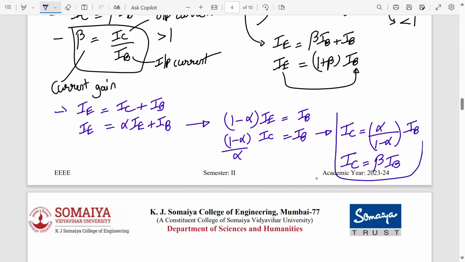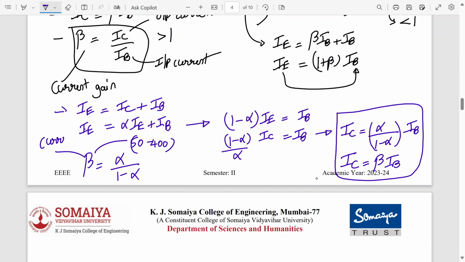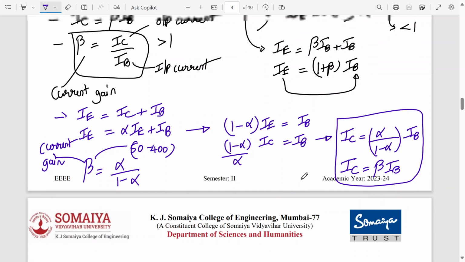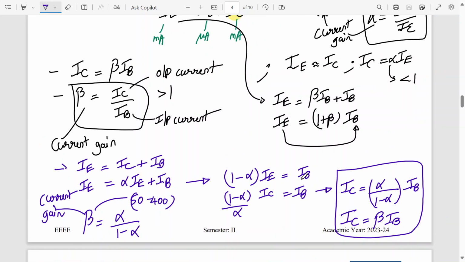So now beta is nothing but alpha upon (1 minus alpha), which is the current gain, and I've already told you the relationship between IC and IB. Beta is the current gain. Its value is from 50 to around 400. Alright, that's why BJT is called a current control device.